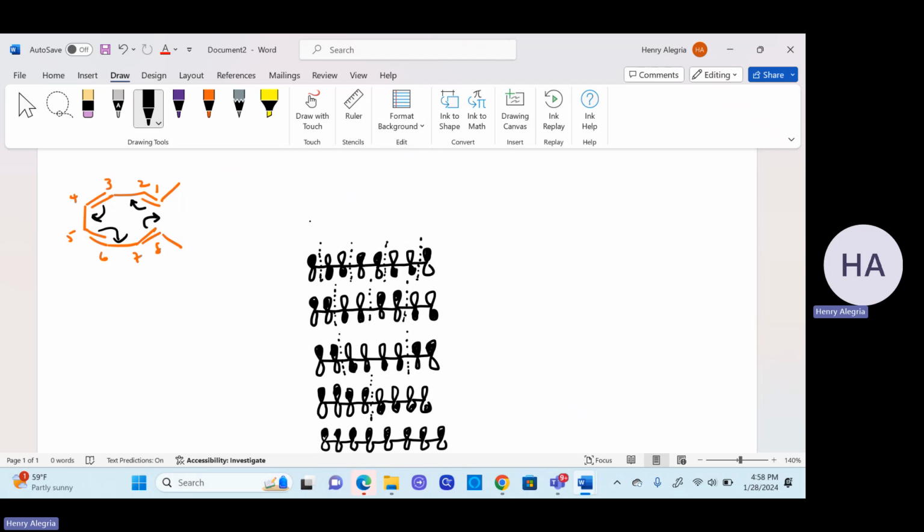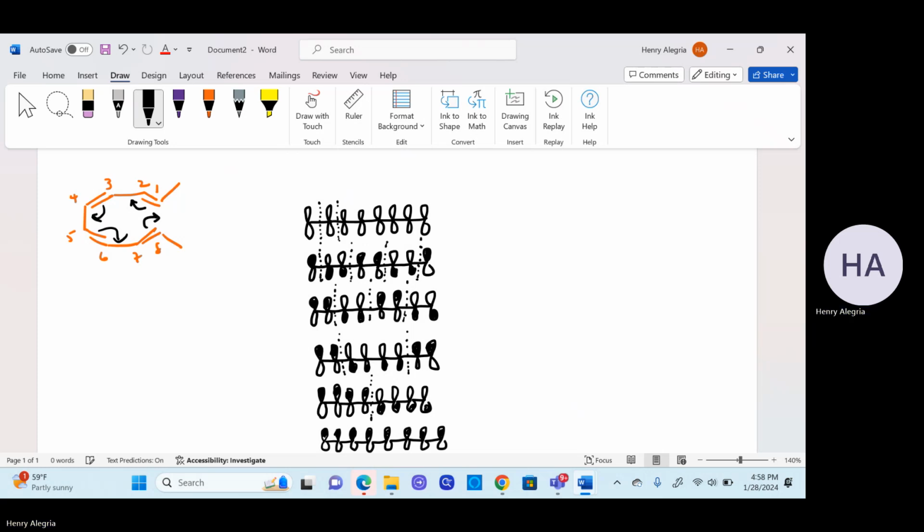Number 6 is therefore going to be this one. So if I had 4 nodes in the previous one, this one is now going to have 5 nodes. Symmetry, remember, is important.